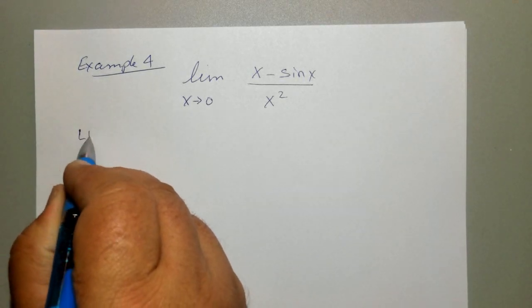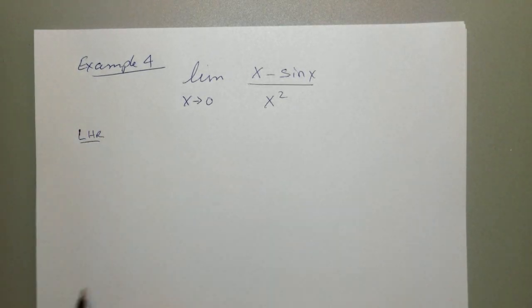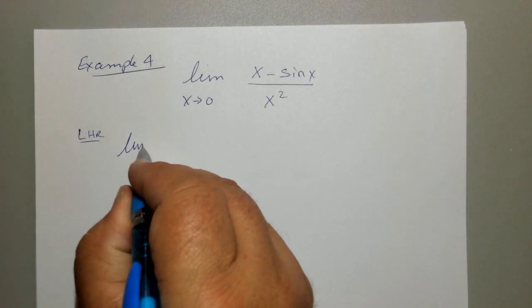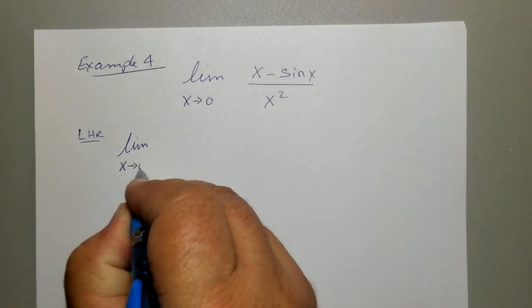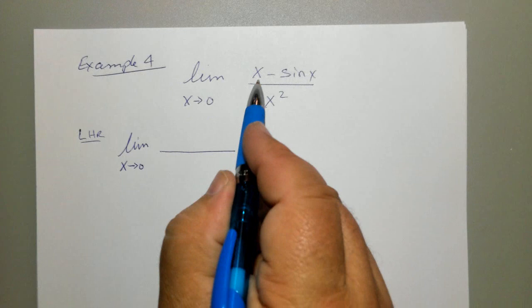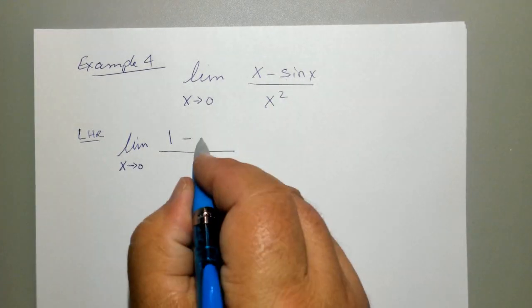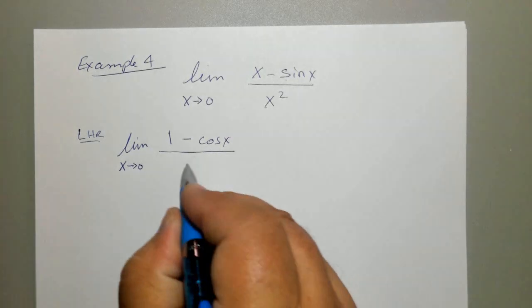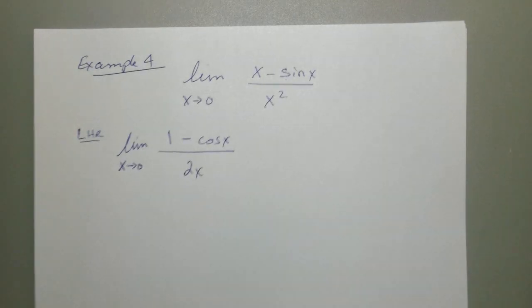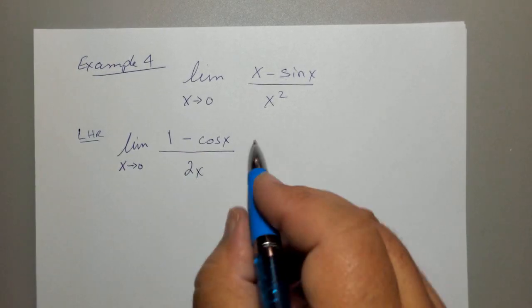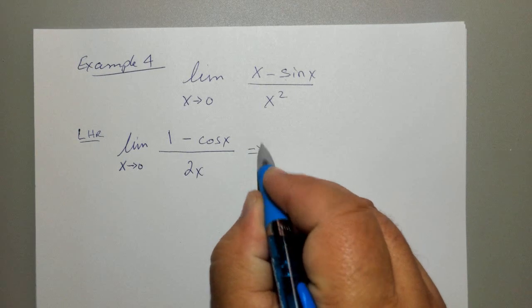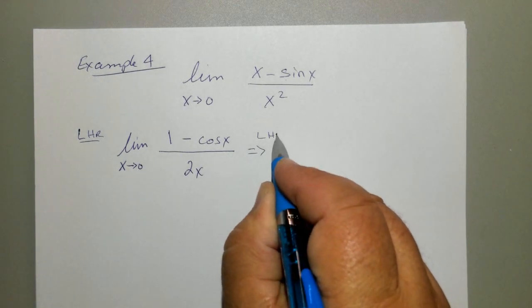So we do L'Hopital's rule. As x approaches 0, the derivative of x is 1. The derivative of sine is cosine over 2x. Still 0 over 0. So L'Hopital's again.